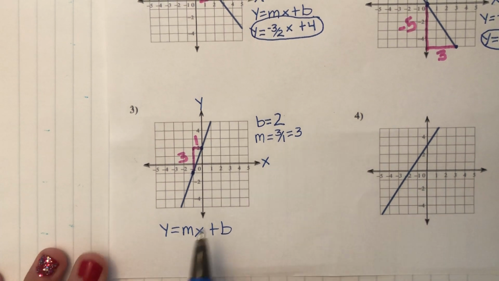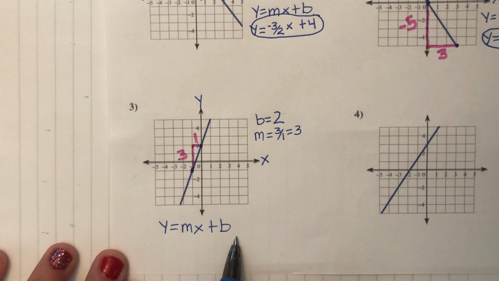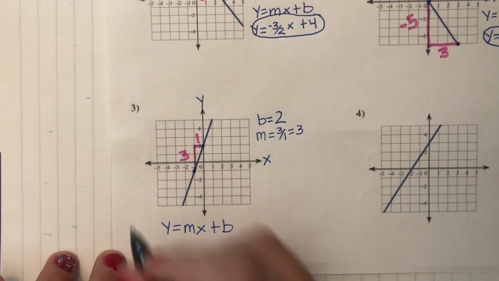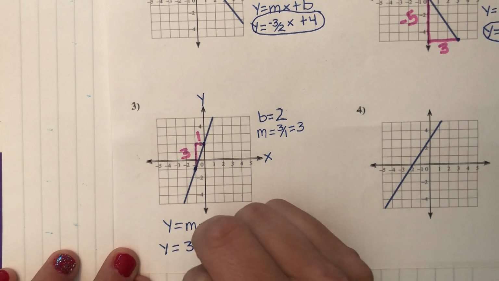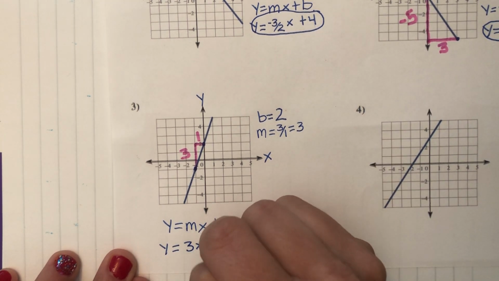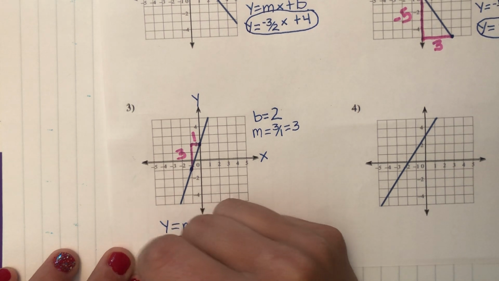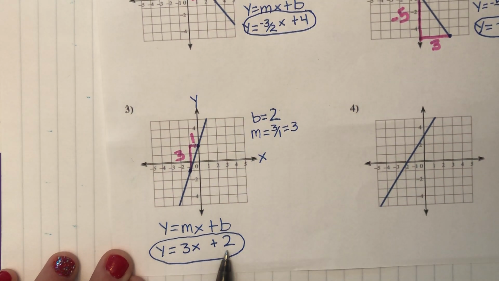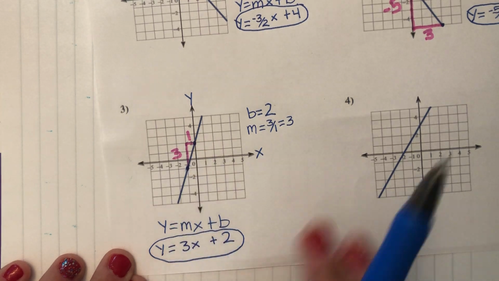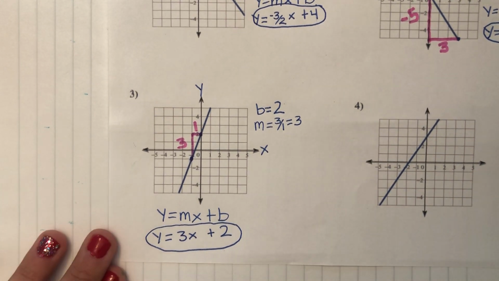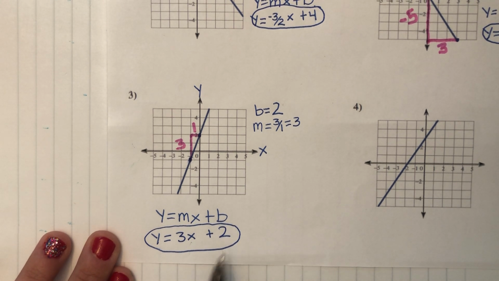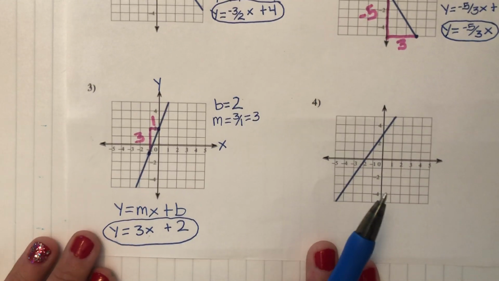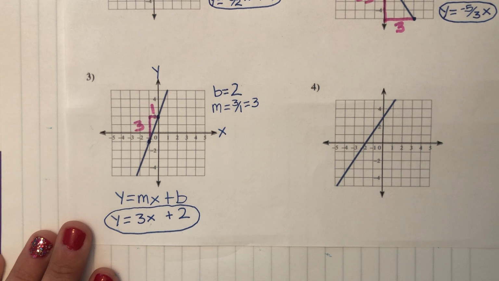Now I have everything I need to plug those values into slope-intercept form to write the equation for this line. So y equals 3x plus my y-intercept is 2. So this is the equation for this line right here. Again, what that means is we could take any number, plug it in for x, solve, and we will find y. That would give us an ordered pair. So if I wanted to, I could pick any number.